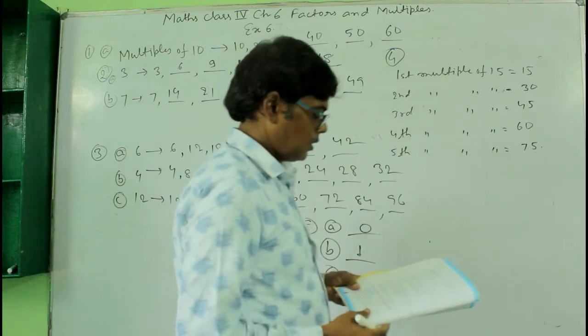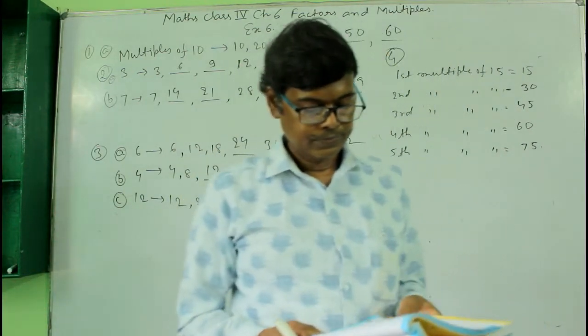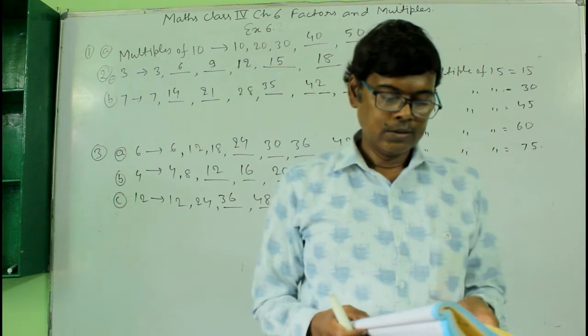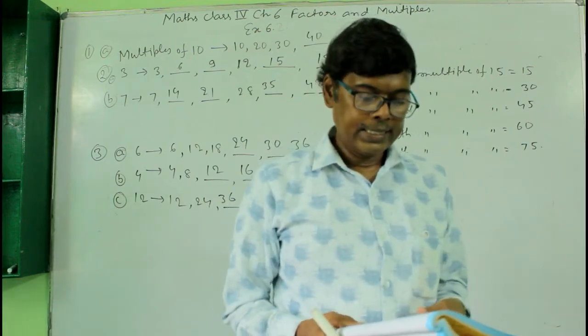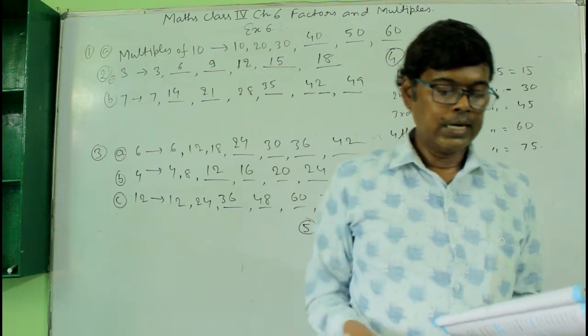C, the multiple of a number is either dash or dash the number. Either equal or larger.